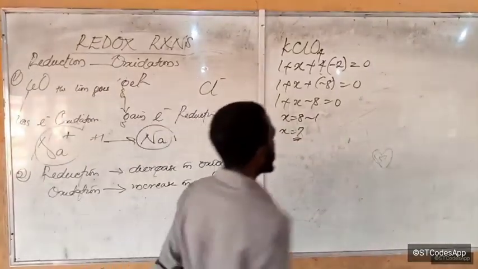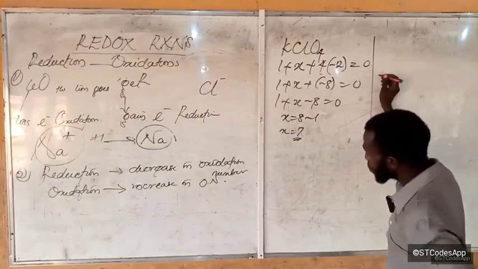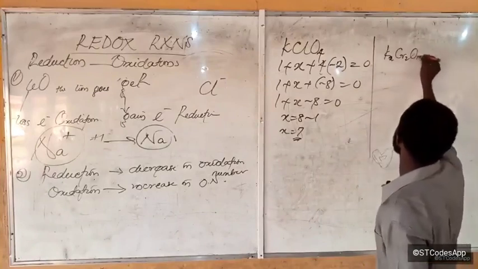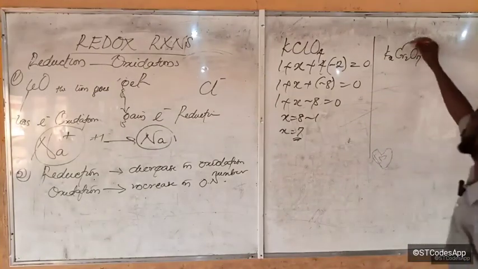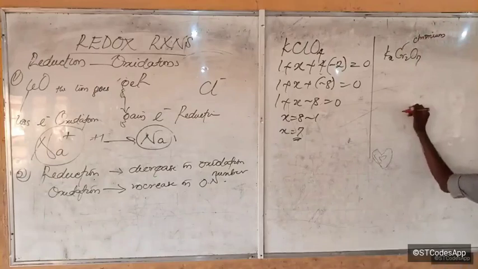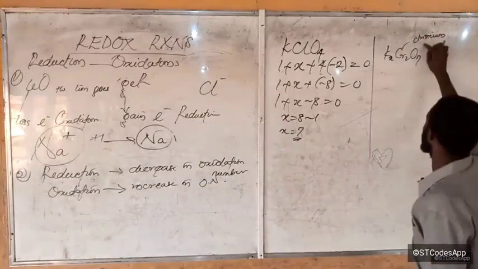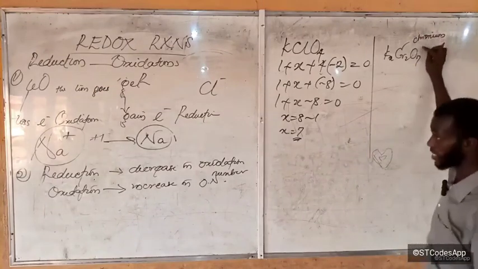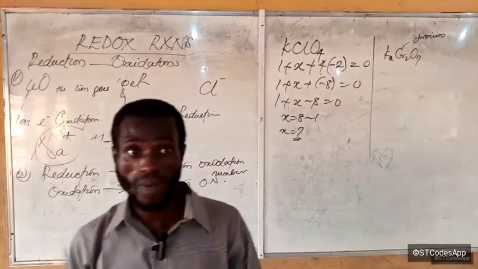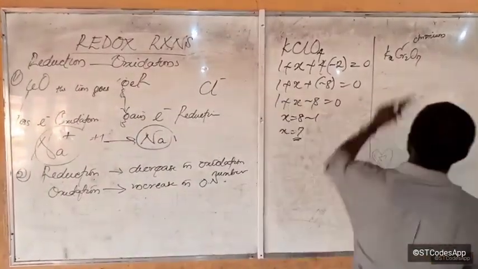All right. How about if I ask you to find the oxidation number of chromium in K2Cr2O7? I say find the oxidation number of chromium in this compound. What's the total oxidation number here too? 0, of course, because there's no charge here. Remember, the total charge that an atom has is the oxidation number of the atom. Is that okay? So what do we have here?